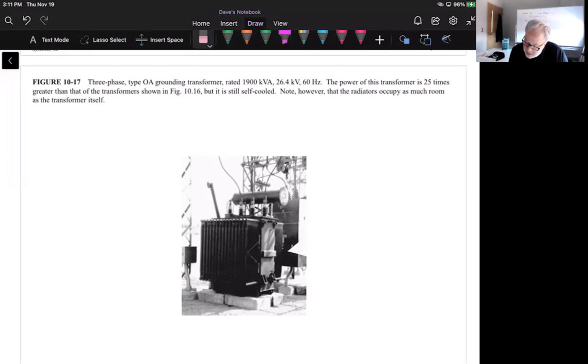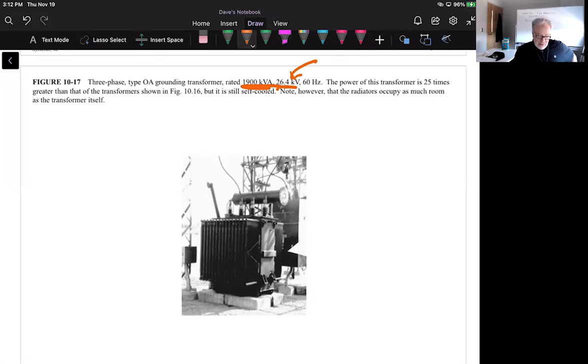This is a 1900 kVA, so a different area here that we're talking about. Voltage 26,400 volts. Now, beyond this, for transformers in what we call the megawatt range, cooling may be effected by an oil water heat exchanger.